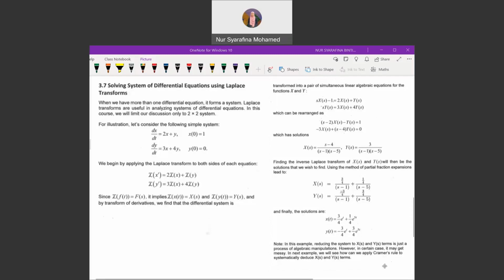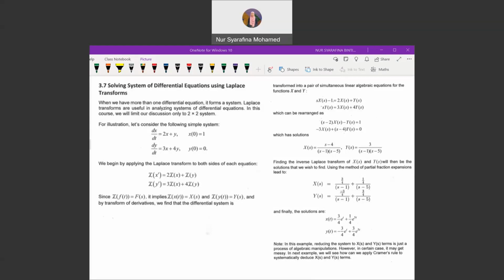Okay, so our next topic in this chapter, which is our last topic here, is that we can use Laplace transform to solve a system of differential equations. Speaking about a system, we have learned about a system of linear equations. Remember, we can solve a system of linear equations by using a matrix form, by using simultaneous equations, and so on.